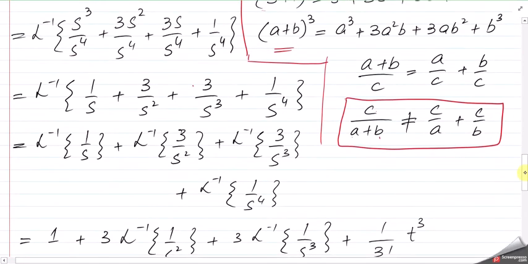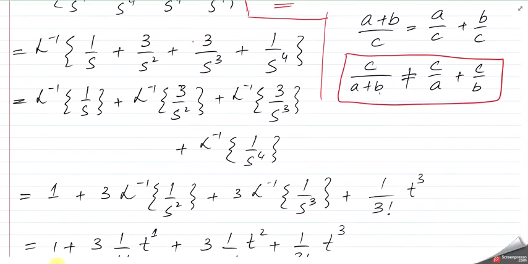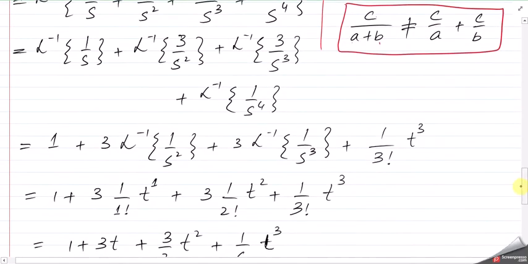Right. So Laplace inverse of 1 over s is 1. 3 over s squared, 3 goes out, 1 over s squared, with n equals 2, becomes 1 over 1 factorial. Okay, we are again using the same formula which we just used in the previous example. Laplace inverse of 1 over s^n equals 1 over (n minus 1) factorial t power n minus 1.